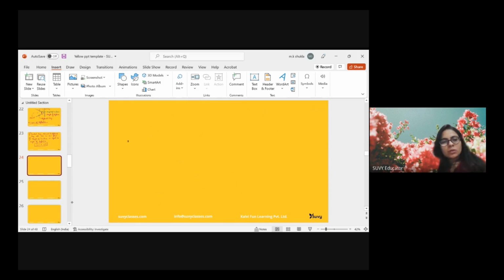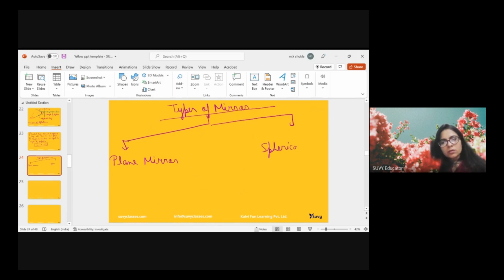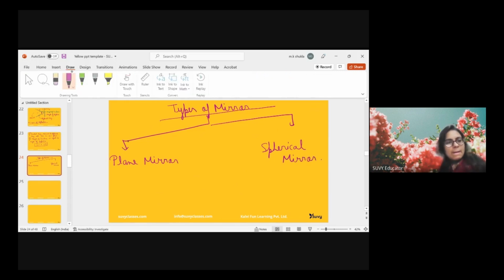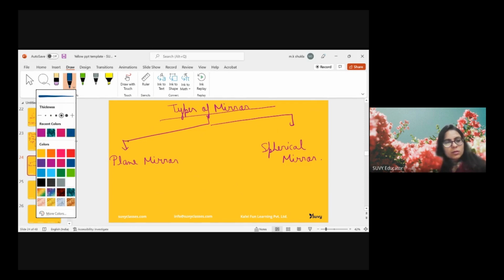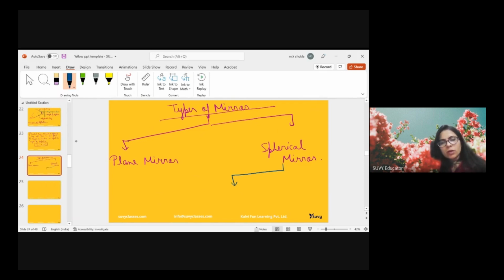Okay. Now types of mirror. There are two types of mirror. First is plane mirror and another is spherical mirror. Spherical mirror is again of two types, concave and convex.